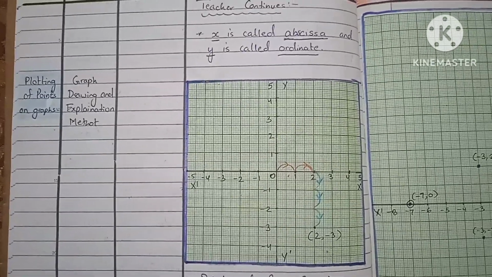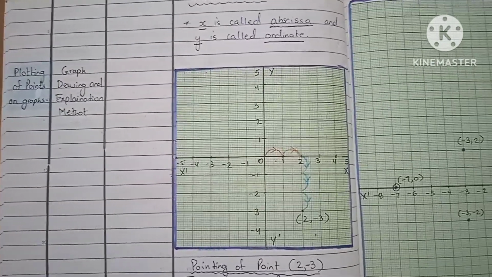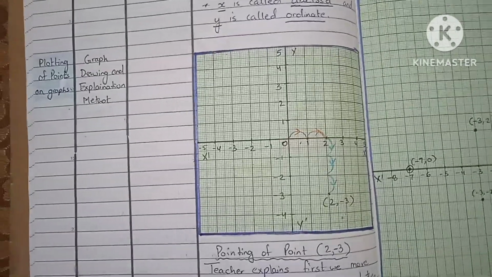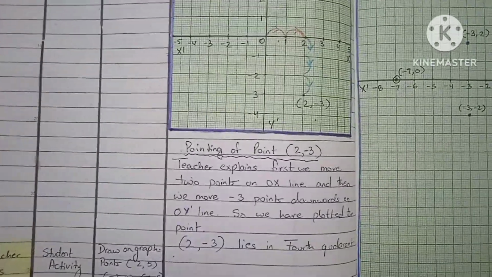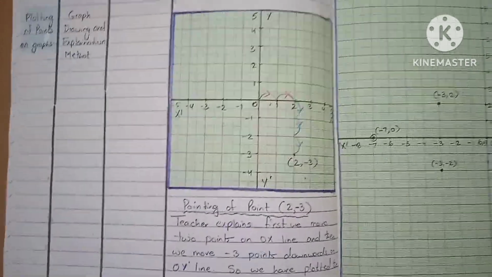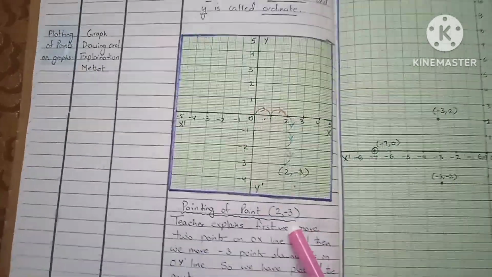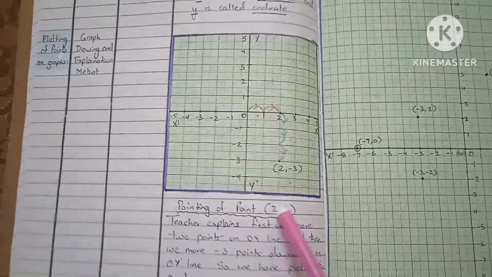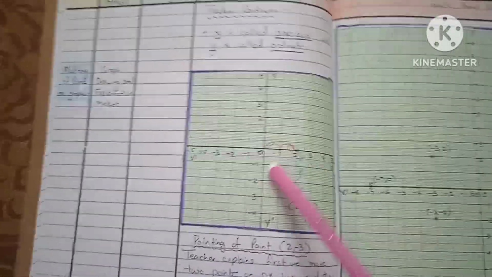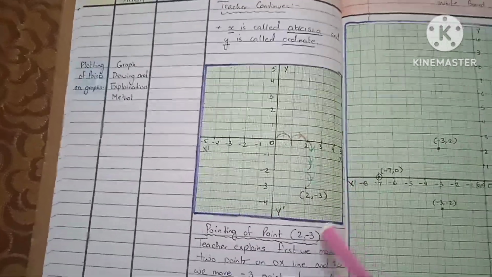For this, she takes a graph and uses the explanation method. Suppose the teacher tells that we have to draw the point (2, -3) on the graph. For this, we draw a Cartesian plane.